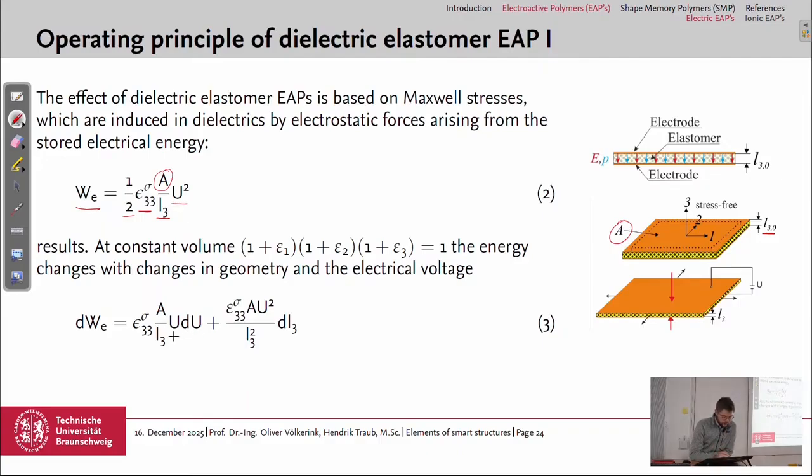And we could also write it in terms of a change in electric energy, and then it's the change in the voltage. But we'll skip that and go to the next slide.